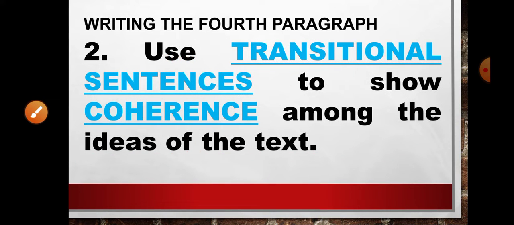For the rationale, you must also use transitional sentences to show coherence among the ideas of the text so that you can connect one idea to another. To connect the relevance of the existing problem from worldwide to Asia to the Philippines, you must use transitional sentences.